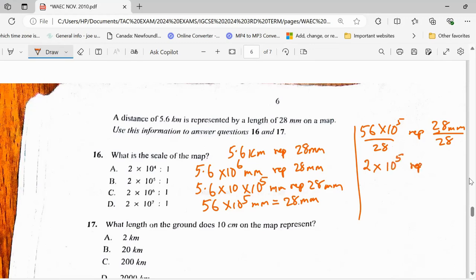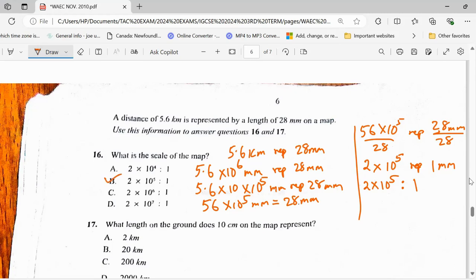This is going to represent 1 millimeter. So now that's the scale. The scale that we are looking for is 2 times 10 raised to power 5 ratio 1. That would be option B.